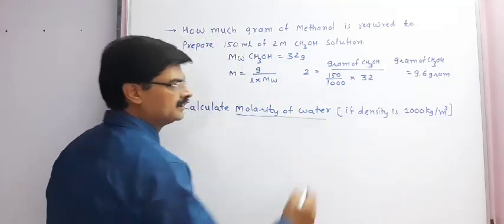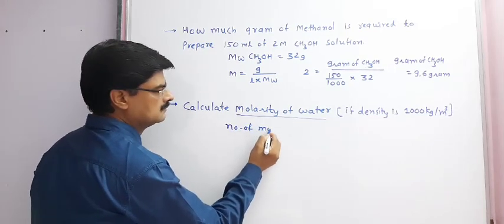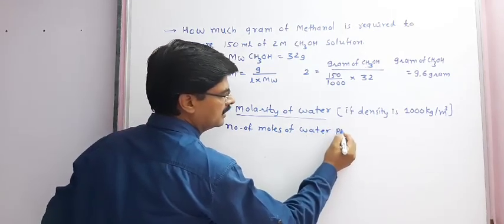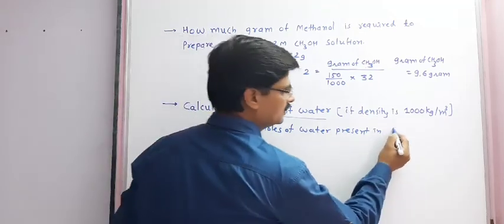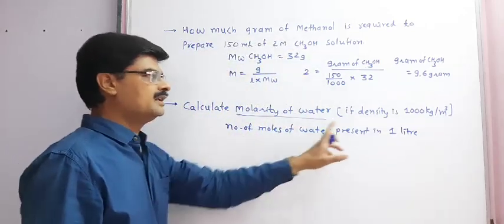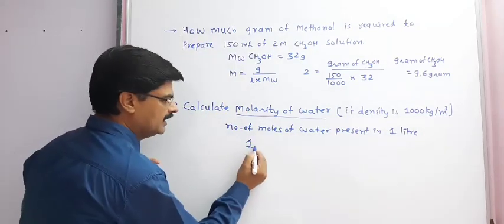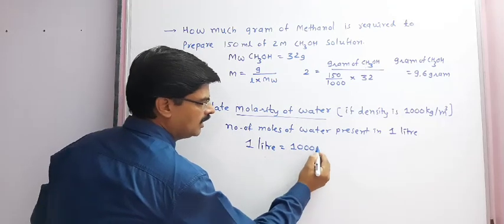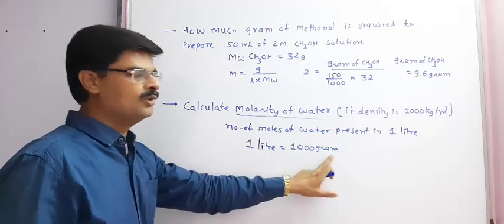Molarity of water means the number of moles of water present in 1 liter of solution. For 1 liter of water, density is given as 1000 kilogram per meter cube, which means 1 liter is equal to 1000 gram.